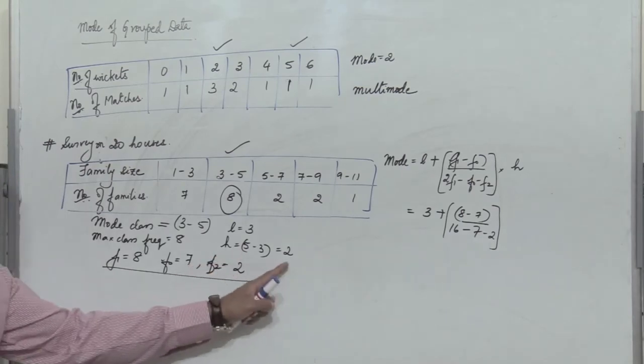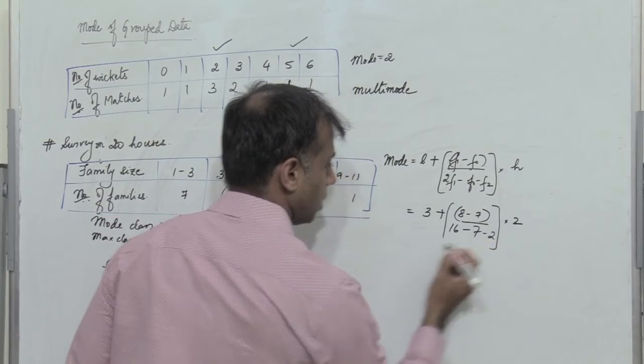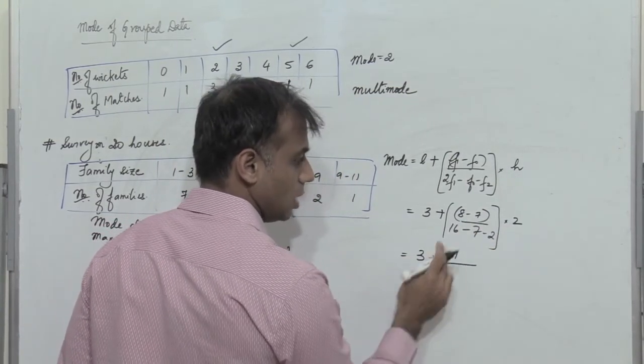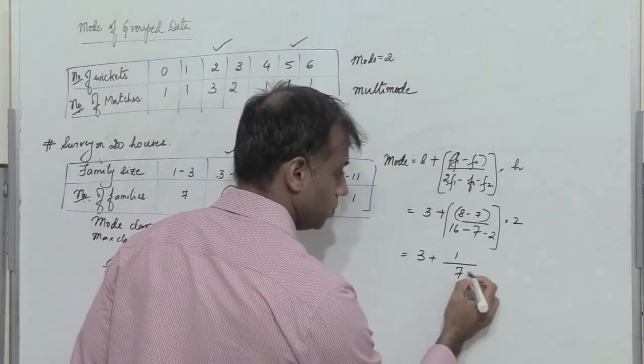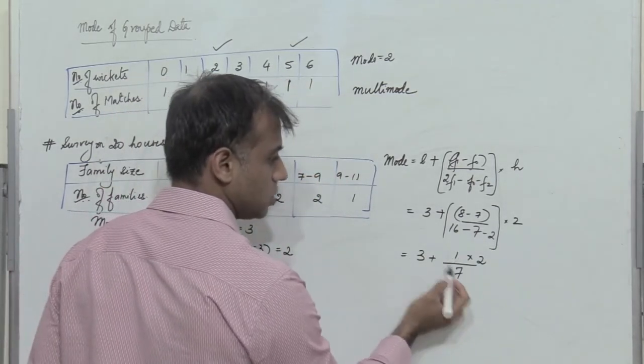H happens to be the size of the class interval, which is 2. So we get 3 plus 8 minus 7 is 1, 16 minus 9, so I get 7, into 2. Right? So this is 3 plus 2 by 7.